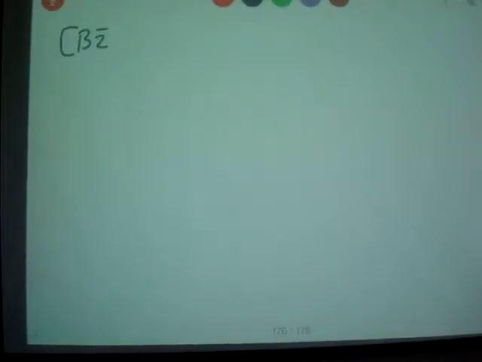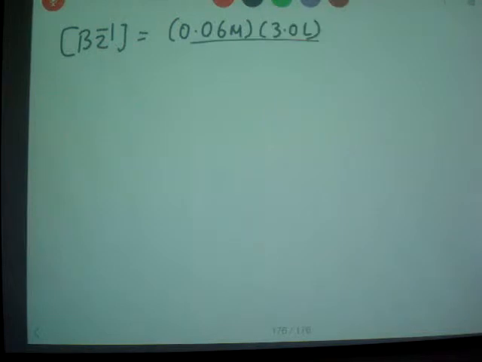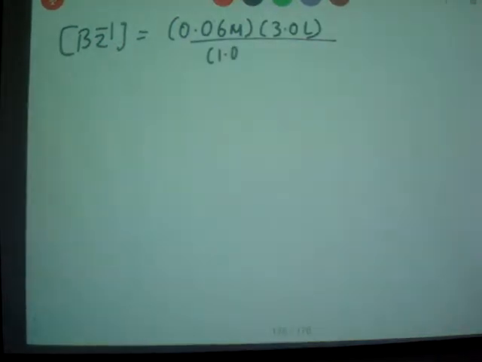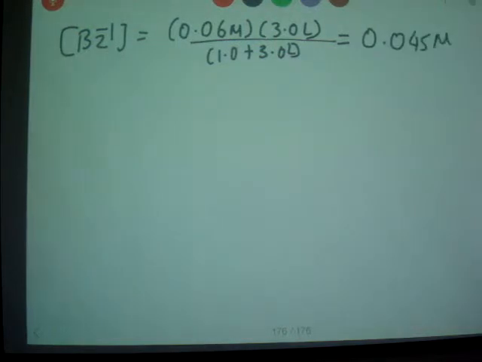So Bz minus is 0.06 molar times 3 liters divided by the total of 4 liters, and you get 0.045 molar concentration. Okay, so once we find the concentration of these species, we apply an ICE chart to find the equilibrium concentration.